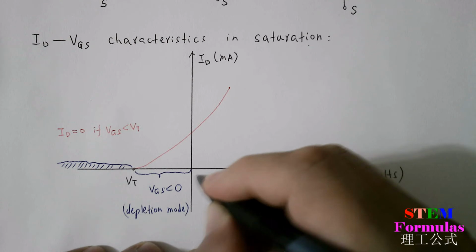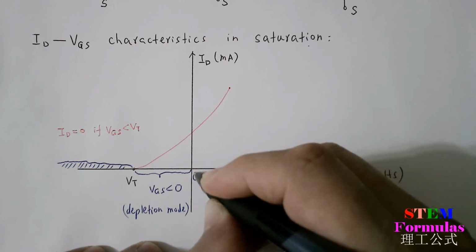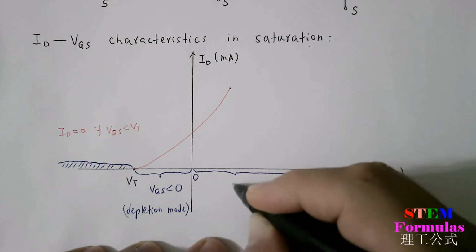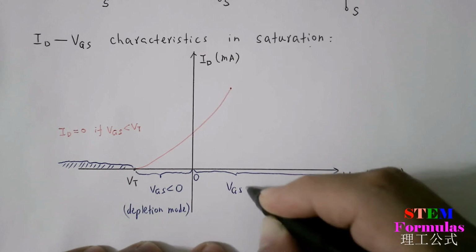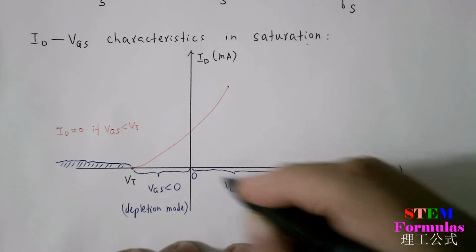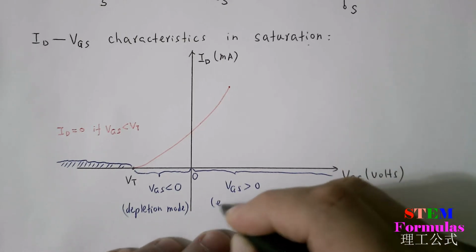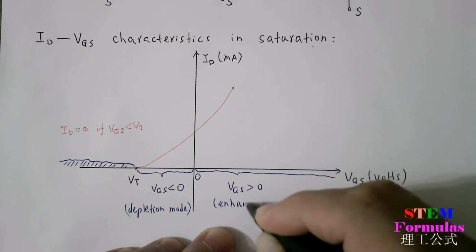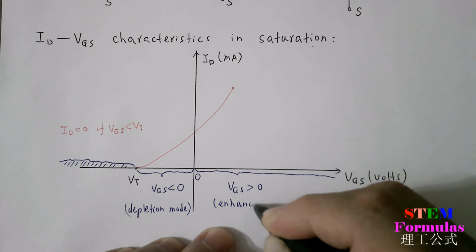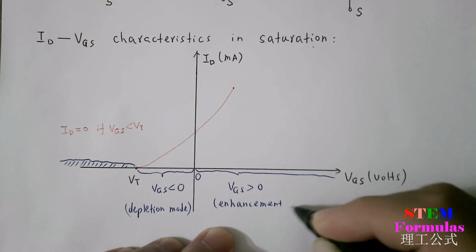And here's 0. If VGS greater than 0, in this region it is called enhancement mode.